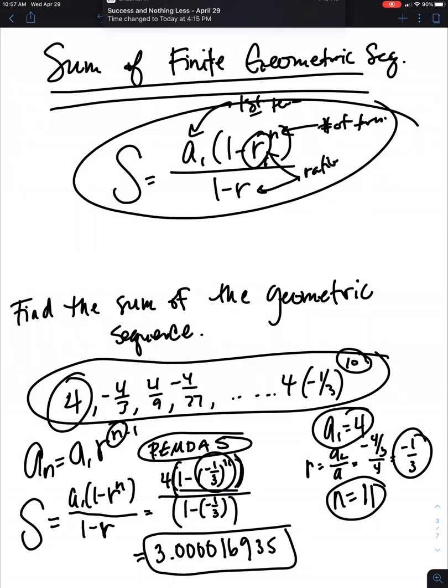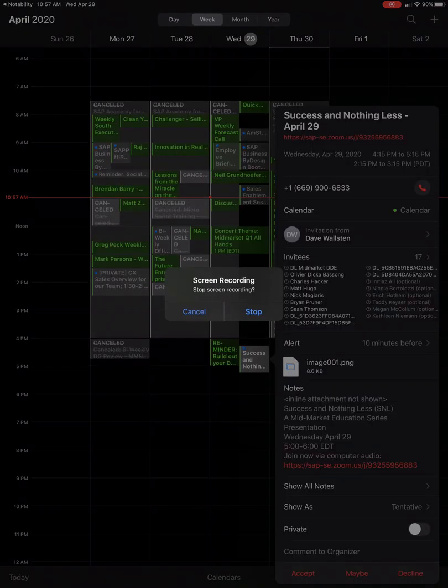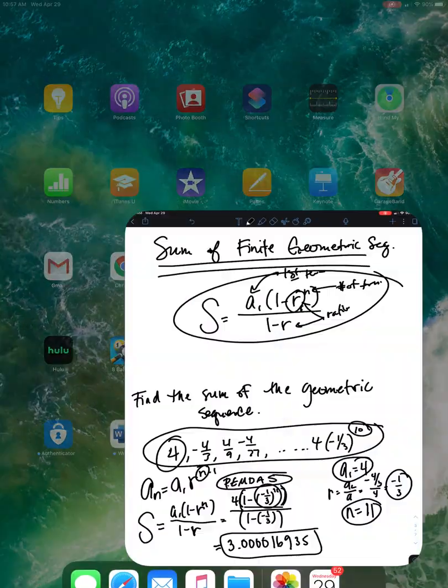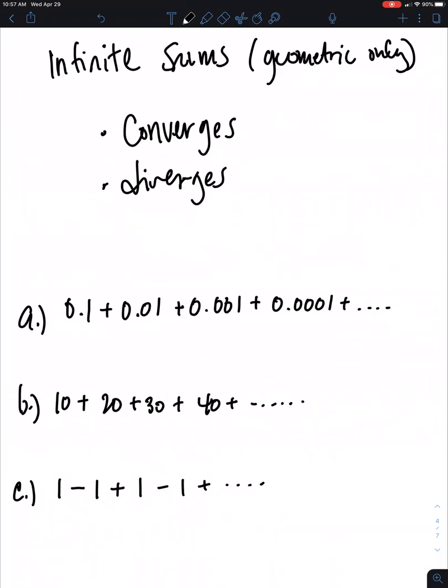Okay, so I'm telling you, as you're going through this video with me, you need to stop and try to put this in your calculator and make sure that you can do that, okay? All right, let's move on.